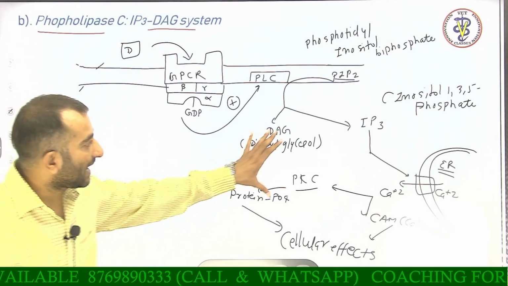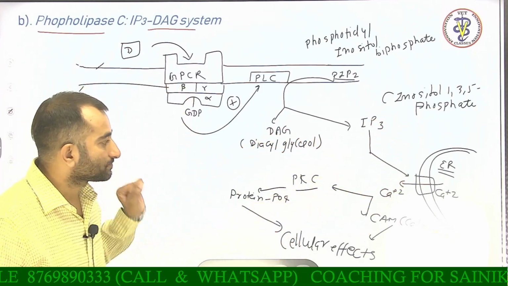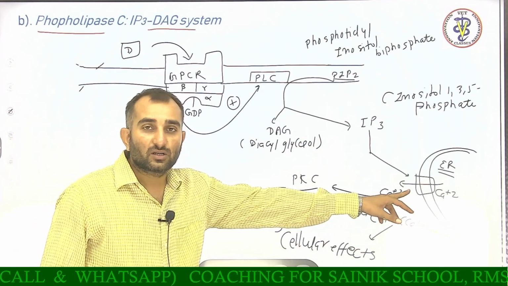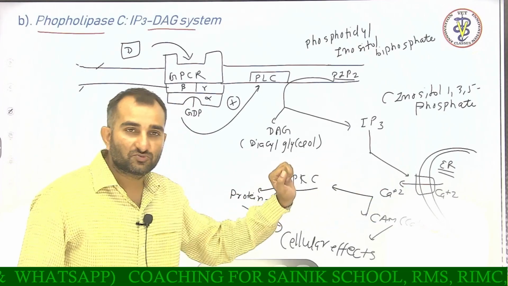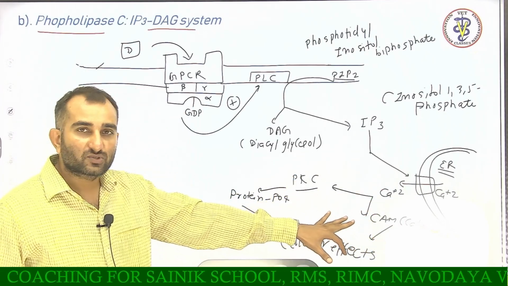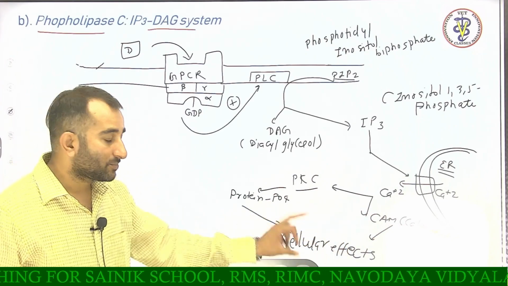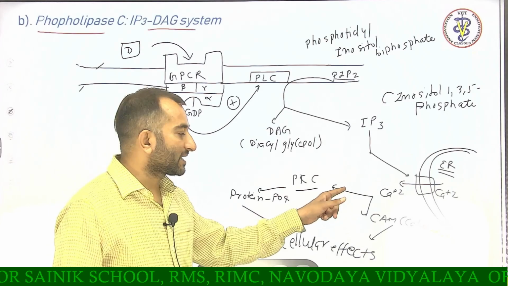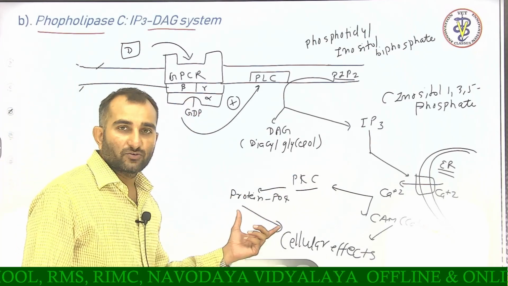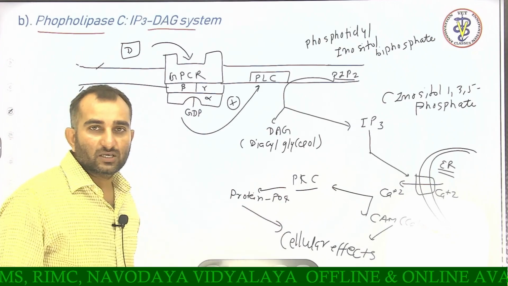So this is the IP3 secondary messenger system. Basically, after formation, it acts on the calcium channel, releases the calcium from the endoplasmic reticulum, and acts via two channels, calmodulin channels, which are a specific channel for calcium, and provides cellular effects. And in the second phase, it activates the protein kinase C enzyme, which phosphorylates different types of proteins and provides cellular effects.